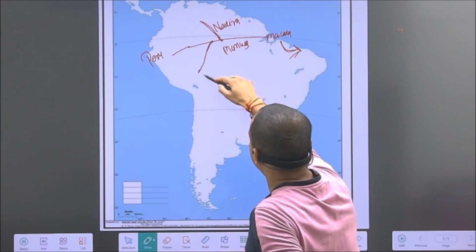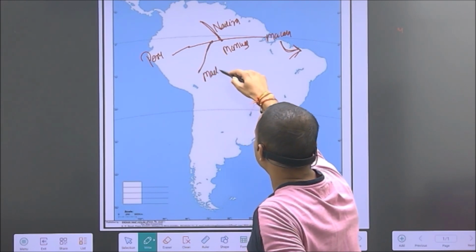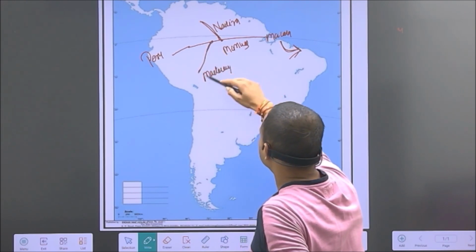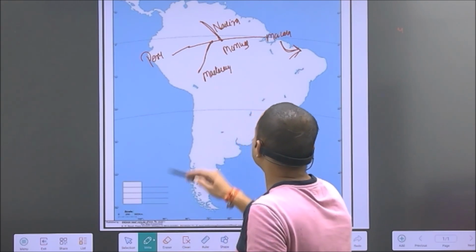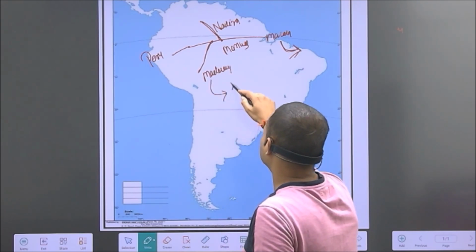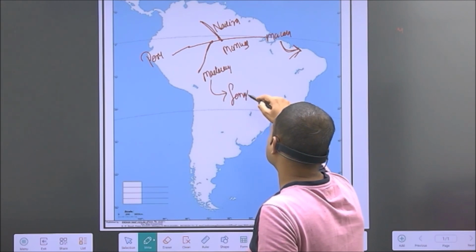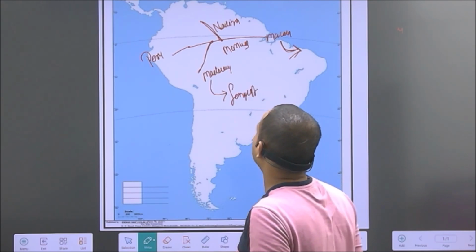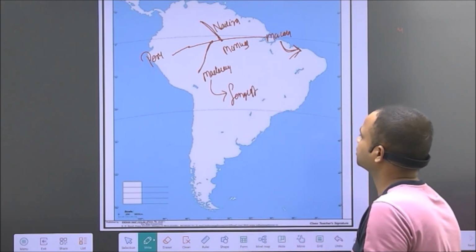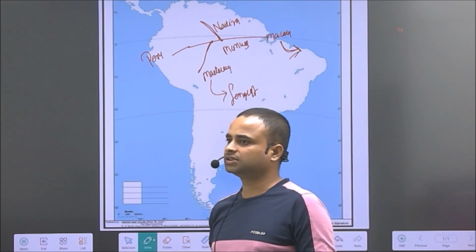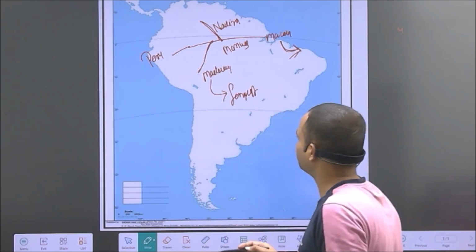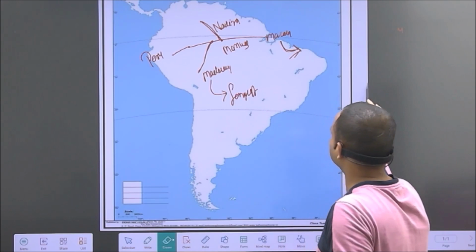And Madeira is the longest tributary of Amazon. So these are important facts about the Amazon River.